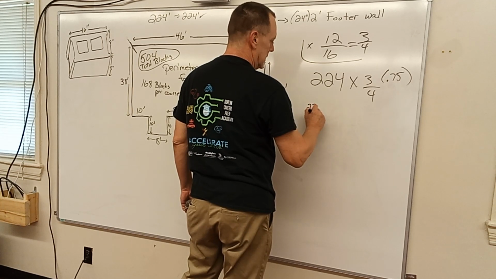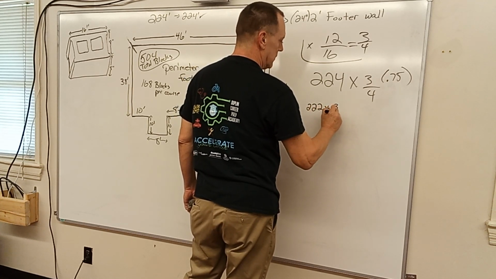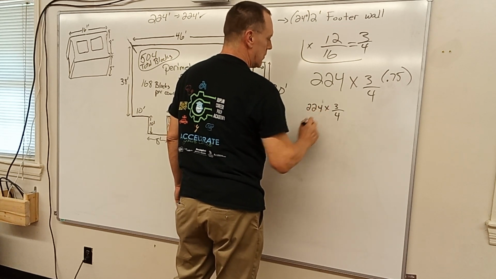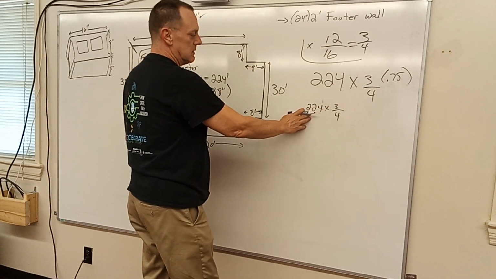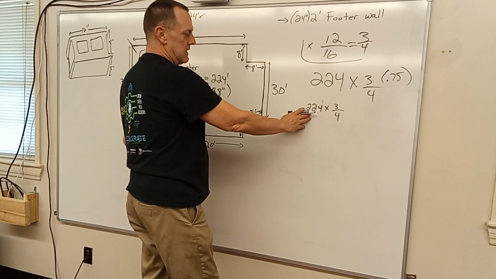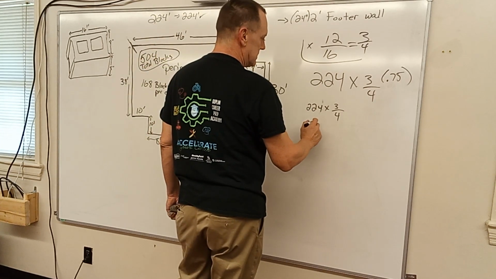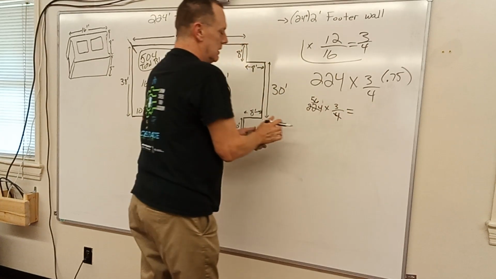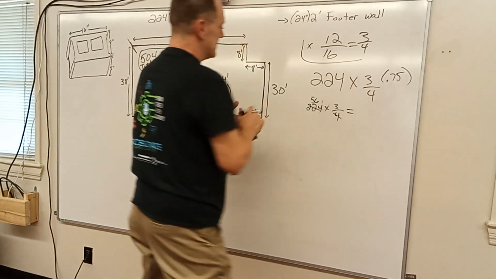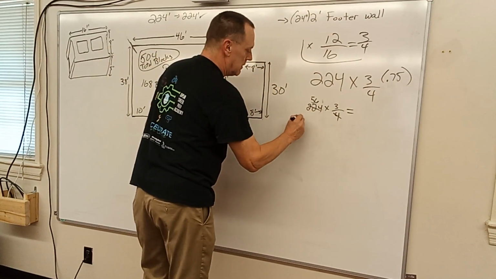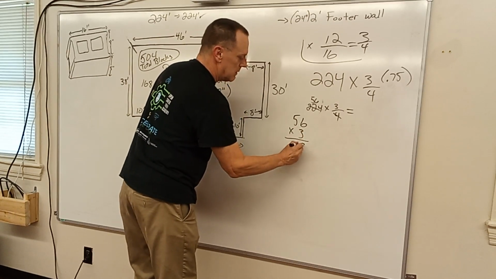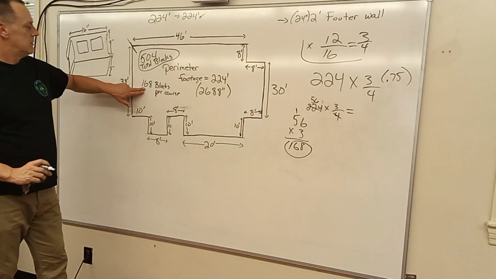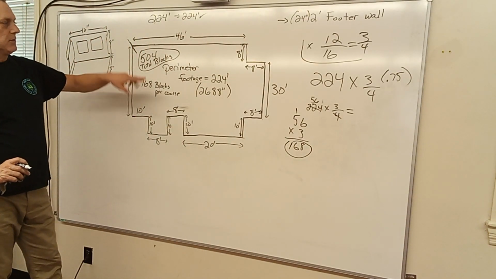Let me try to do that for you real quick. 4 goes into 224 56 times, and then 56 times 3. And 56 times 3 would be 168, which tells you what we found out earlier after we did the double step.